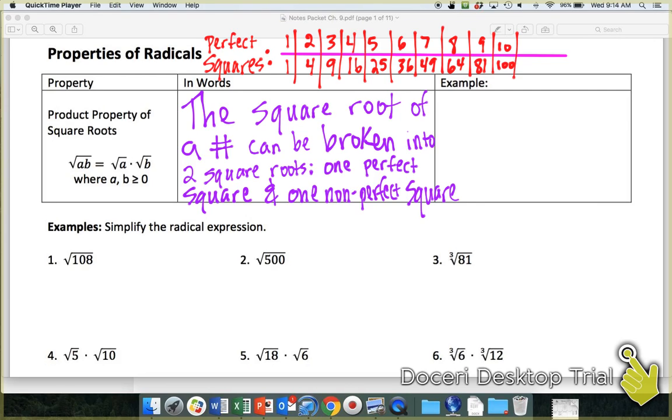I'm going to try to get to 15. 13, anybody know? 14, anybody know? 225.